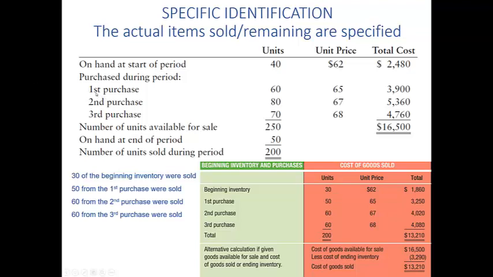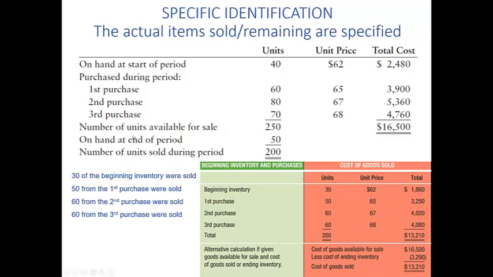Then they made a series of purchases. They made one purchase of 60 units at $65 each, 80 units at $67, and 70 units at $68. So their total units available for sale was 250. So that term should be familiar, goods available for sale.